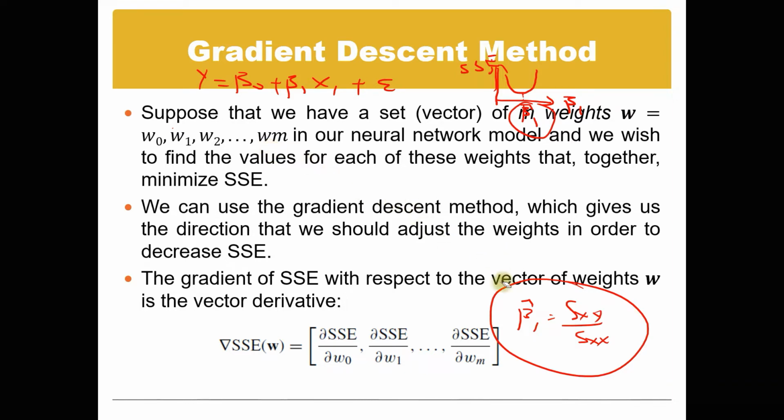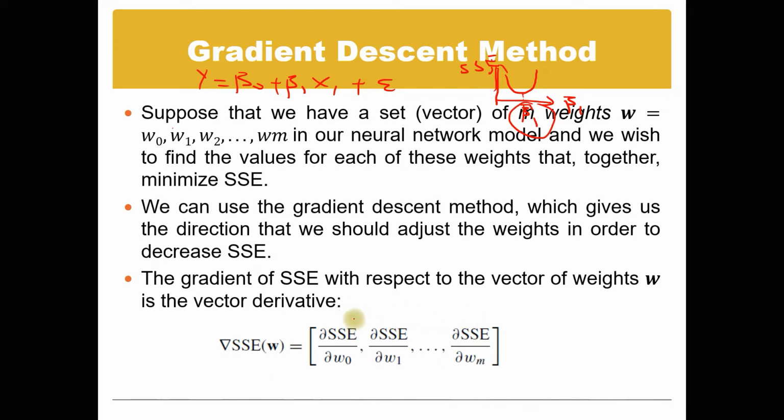And the way that they have to be adjusted, we need to do it in a different way. We can't just use a formula that will minimize the sum of squared errors like in this case. We don't have such a thing. So what do we do then? We need to find a way of doing it. And this is where we are going to apply the gradient descent method.